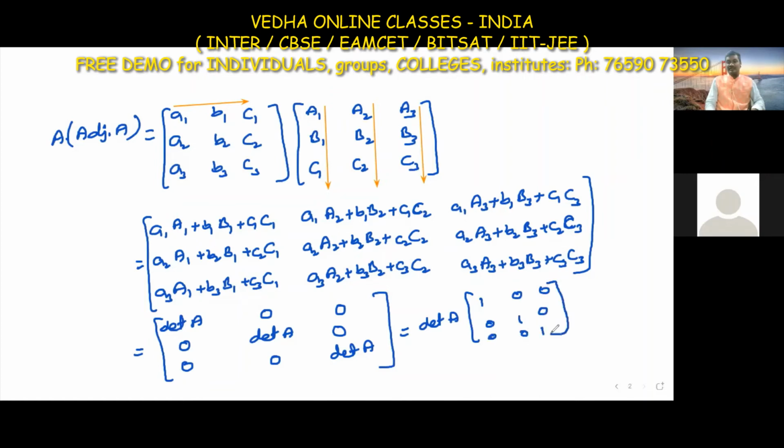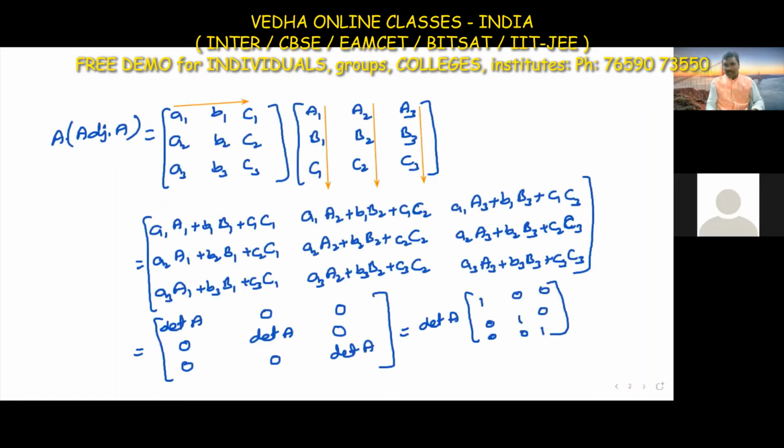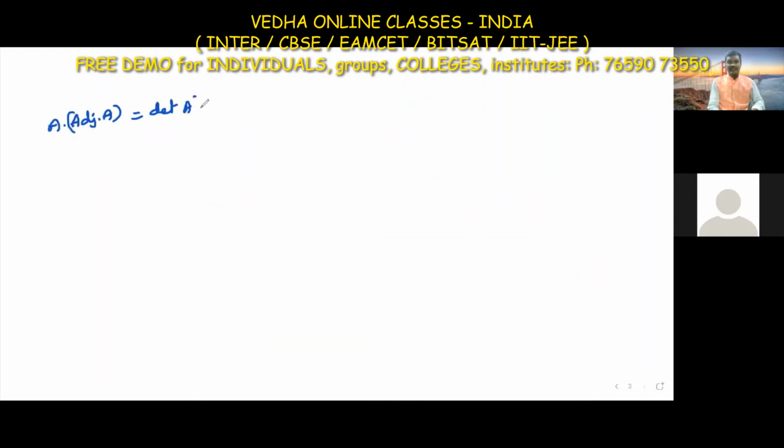So we can write A into adjoint A is equal to det A into, and this is the identity matrix, so into I.